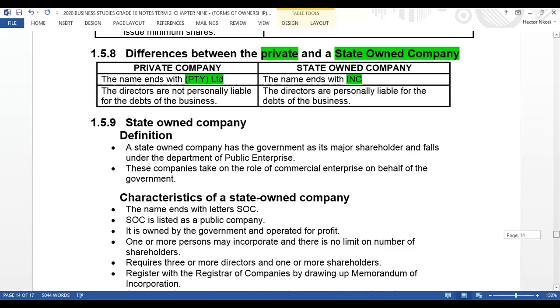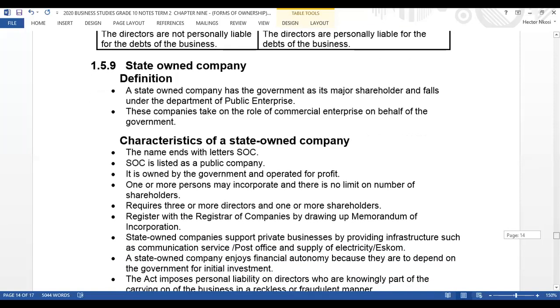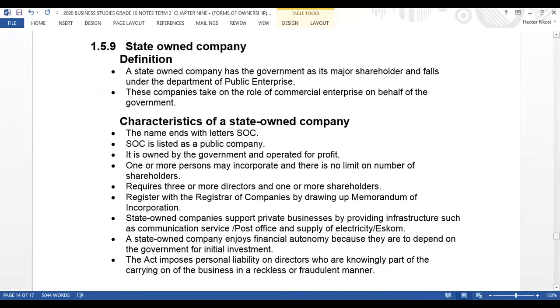Now, boys and girls, I really want us to look at the state-owned company in detail. I want us to scrutinize the state-owned company and see what it is, how we see it, where it is going to help us and stuff like that, right?